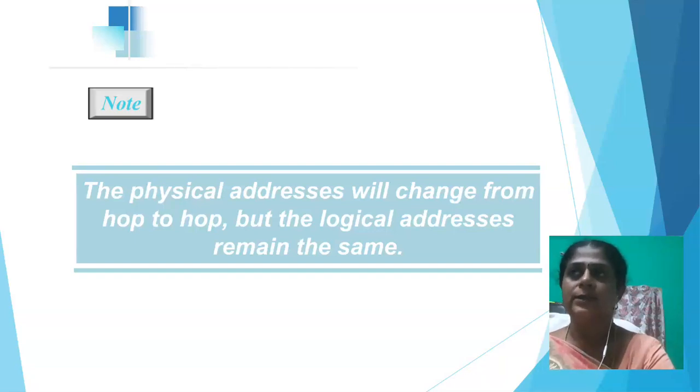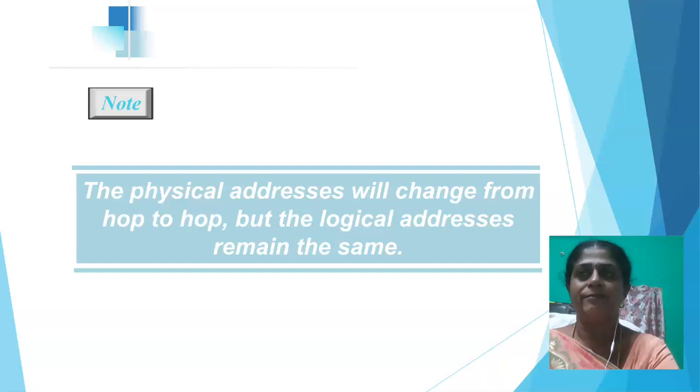Every host will have a unique address and it will never change. However many networks you pass through, or whatever network you get connected to, your logical address will remain the same. Your physical addresses will change, but your logical address will never change.